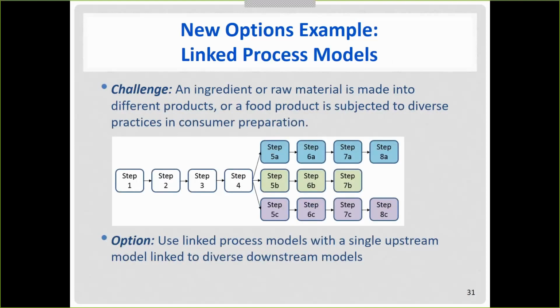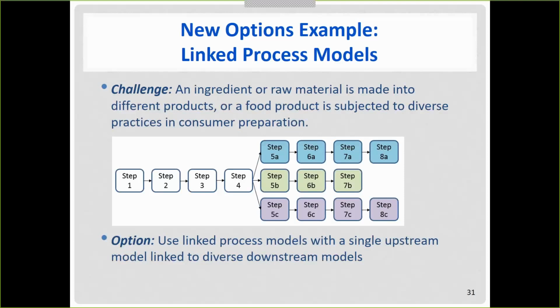Another new feature that makes modeling more efficient is the option to create linked process models. It's not unusual that in a food production, an ingredient or raw material is made into different products. For example, milk may be processed into pasteurized milk, cheese, and ice cream.